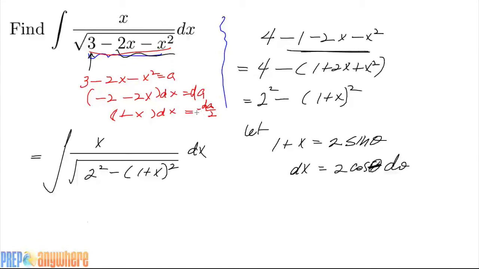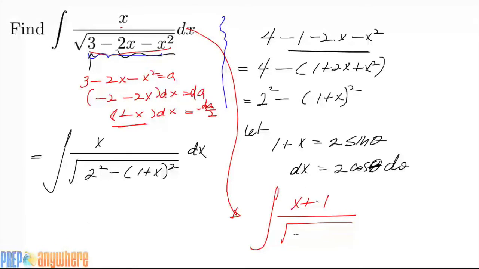I almost have x dx. I don't have it, but I need an x plus 1, right? So this is what I'm going to do. It's a pretty common technique, and you should be aware of it. Let's put it there, and then I'm going to subtract 1 right after, like this.